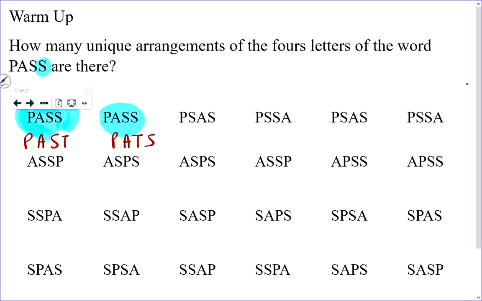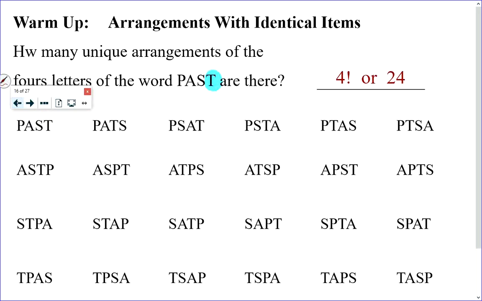If the T becomes an S, then any 2 words where the T and the S's were in the same positions are going to turn into the same word. For example, you can see this all over the place. There is apts. So the T and the S are in the last two places, and it starts with an A and a P. Is there something else that starts with an A and a P with the T and the S in the same two positions? Yes. So when the T's become S's, those two turn into one arrangement.